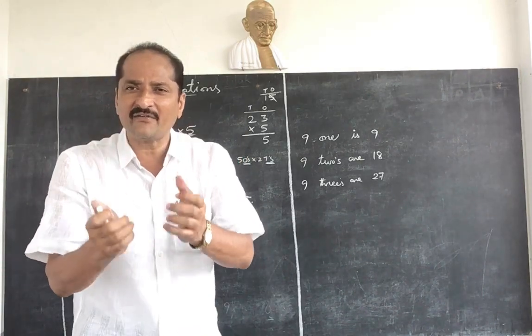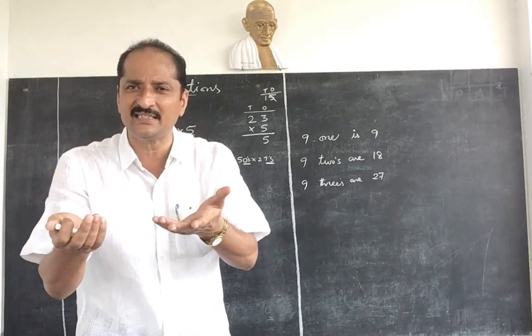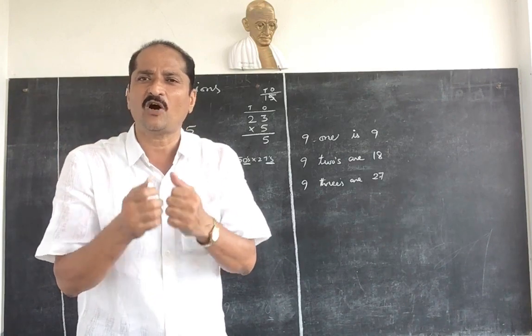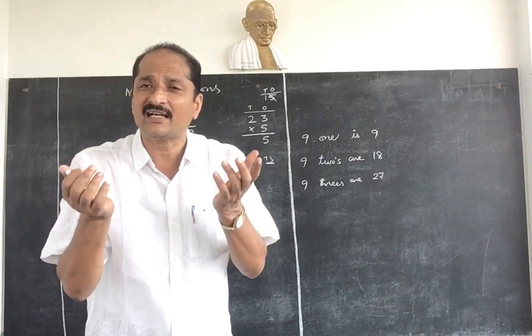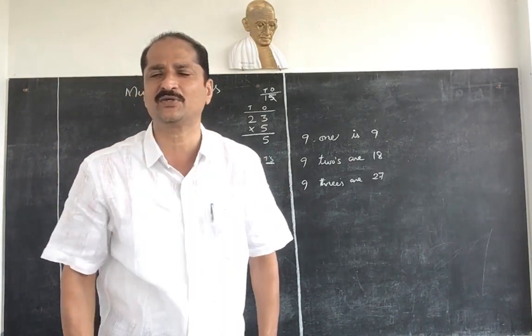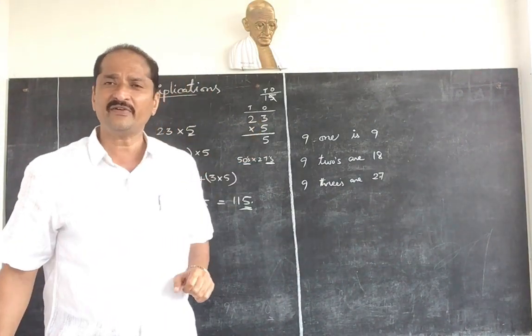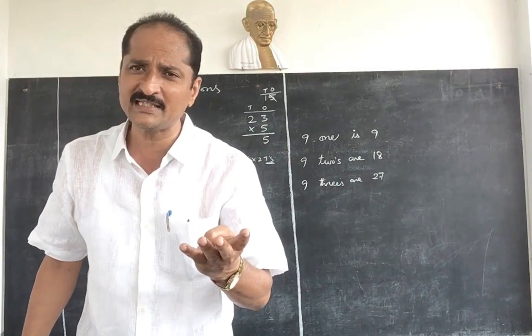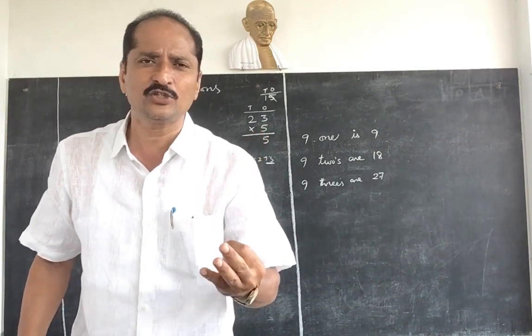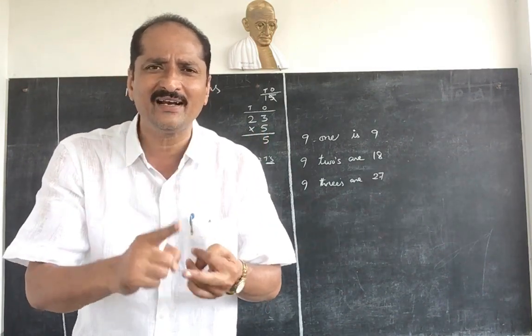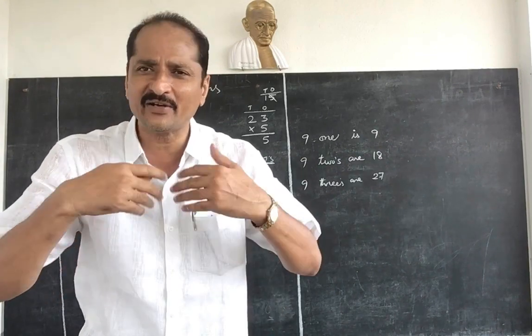Whenever you are multiplying ones with tens, you will get tens. So how many tens we are getting? That all tens you have to write under tens place only. But here you see, observe carefully, 5 into 3. 5 is in ones place, 3 is also in ones place. So 1 into 1, 1. So we are getting ones here.